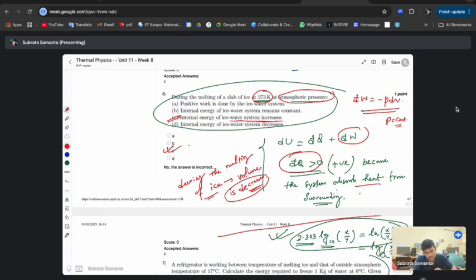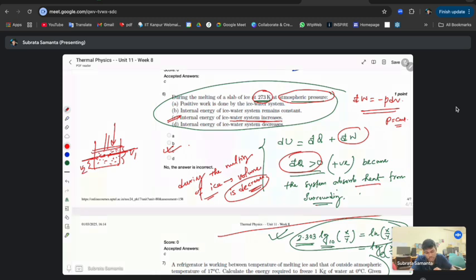So let's say we consider a piston, and we compress it. Your initial volume is V1. When you compress it, that means work is done by the surroundings on the system, which is inside the piston. The final state has volume V2.